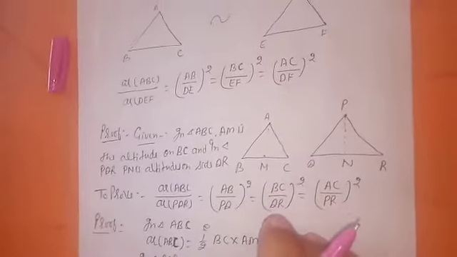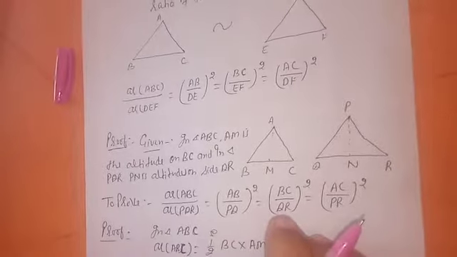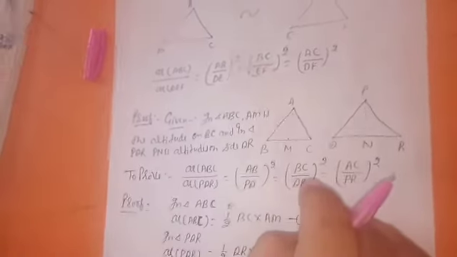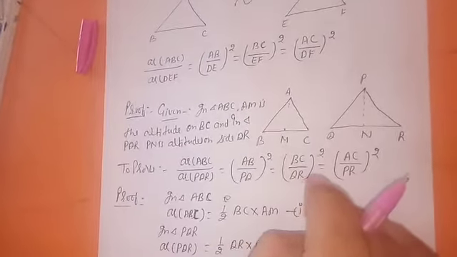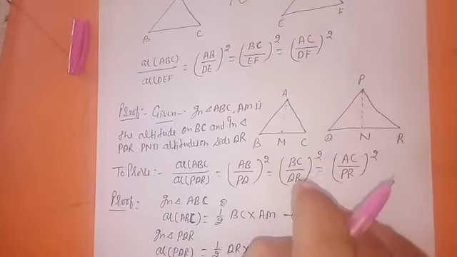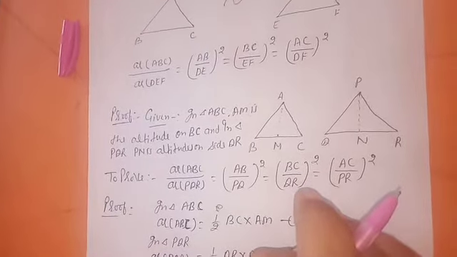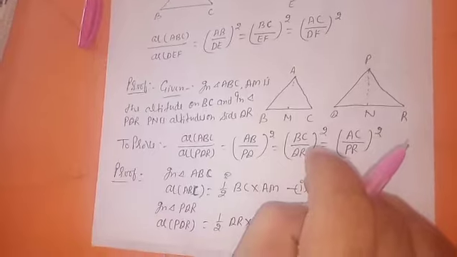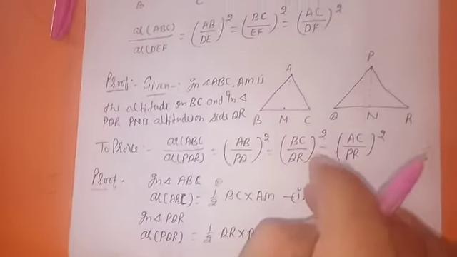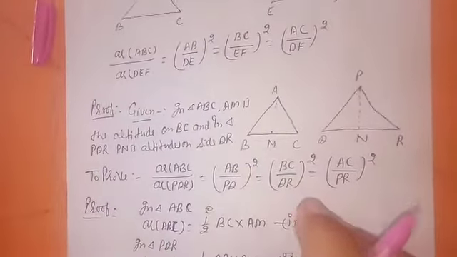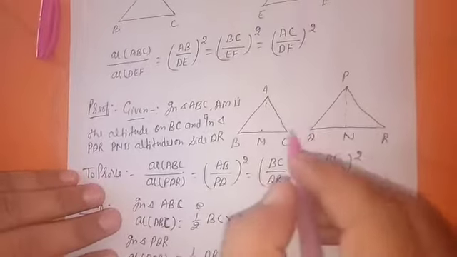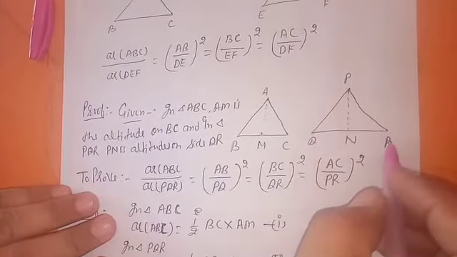Again I want to revise. Two triangles are given. You have to prove the ratio of the area of two triangles is equal to the square of their corresponding sides. As you know, two triangles are similar, meaning their sides are in the ratio of corresponding sides. So take two triangles ABC and PQR.